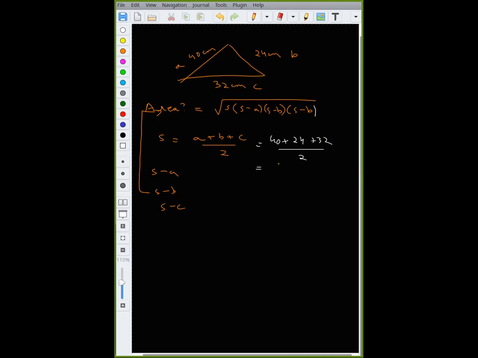So A is 40, B is 24, and C is 32. Add them up and tell me the answer.